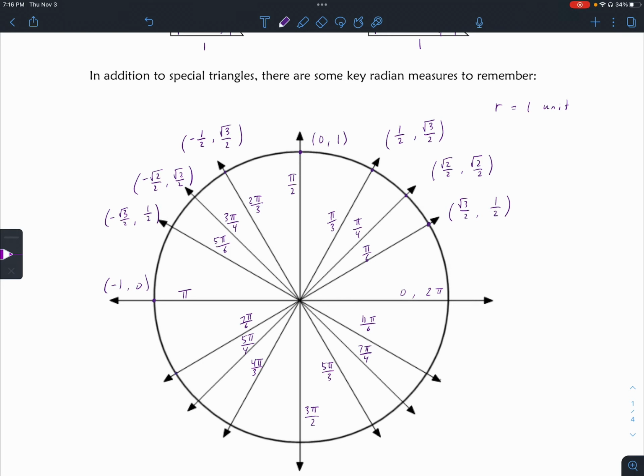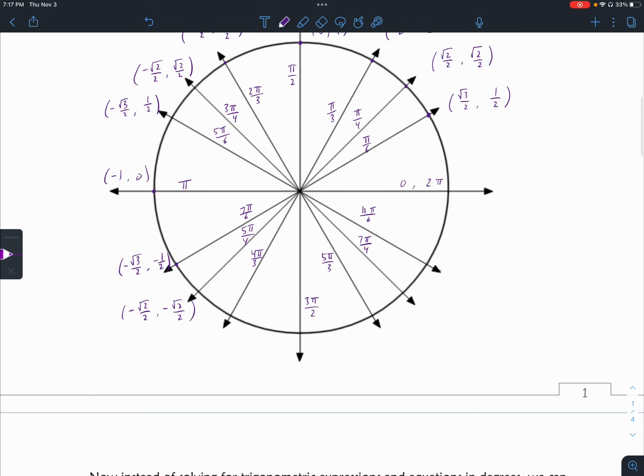Moving on to 7 pi over 6. So this point is going to be, so related acute angle here is pi over 6. So both sine and cosine are negative in quadrant 3. So negative root 3 over 2, comma, negative 1 over 2. 5 pi over 4, negative root 2 over 2, and negative root 2 over 2.